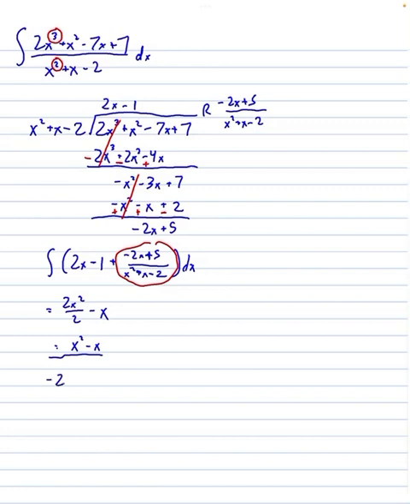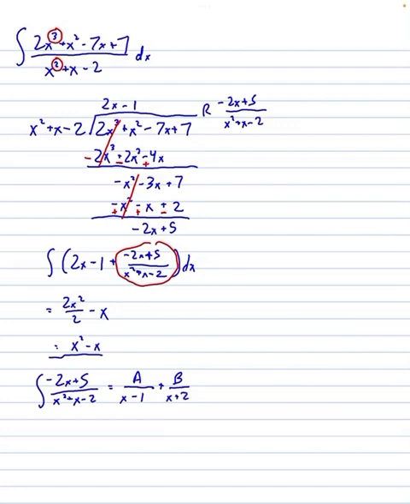So we have negative 2x plus 5 over x squared plus x minus 2. Now I'm going to have to save room here, so I'm going to have to really start condensing. But this is going to be a over x minus 1 plus b over x plus 2.